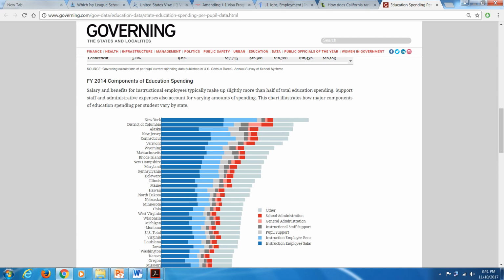It varies. Some states have way more administrative charges, some states have less, with many different factors. But you can go to the website governing.com and read the entire article.